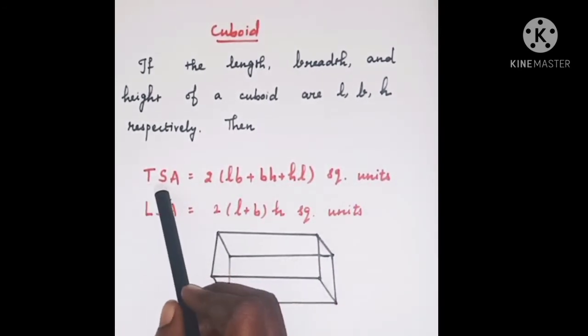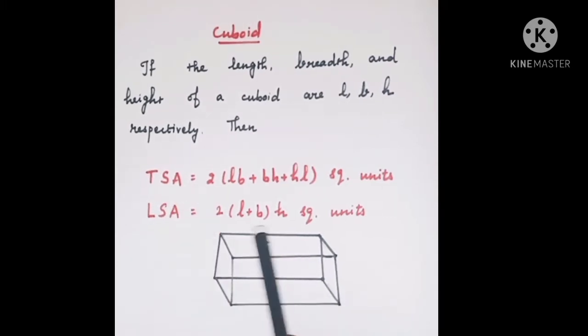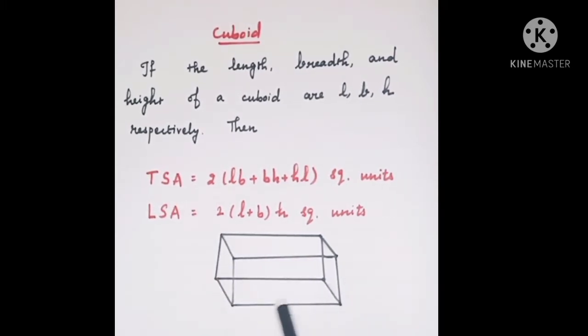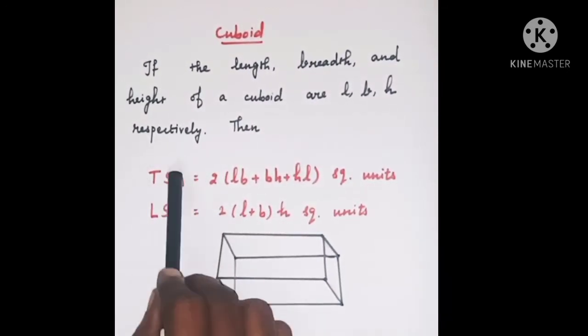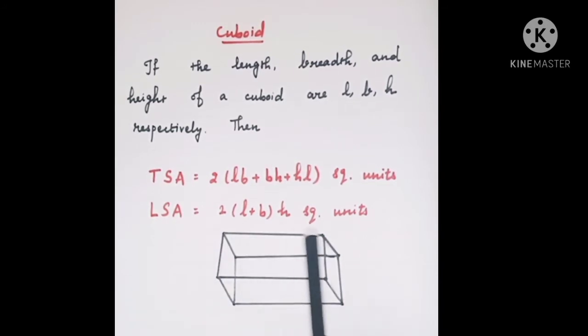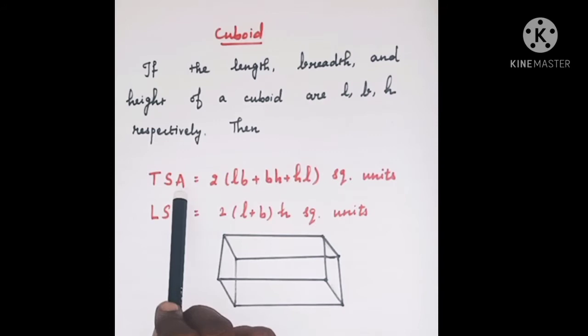Now, total surface area is nothing but the sum of the areas of all faces of the cuboid. The sum of the areas of all faces that enclose the cuboid is called total surface area.